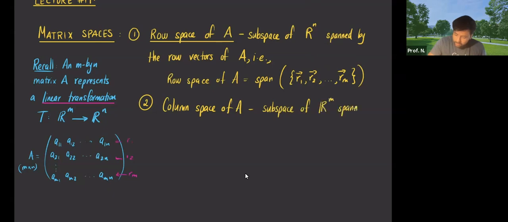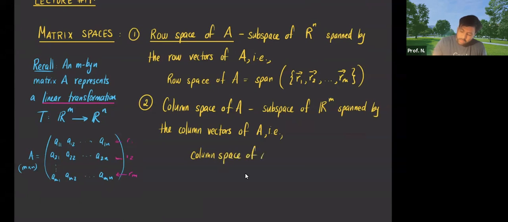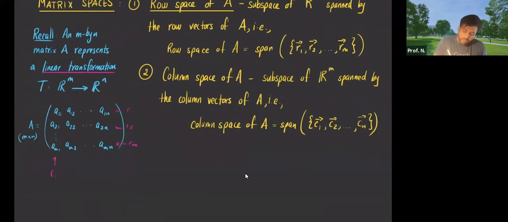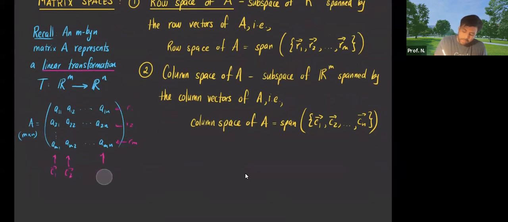This is spanned by the column vectors of A, meaning that the column space of A is equal to the span of C1, C2, all the way to Cn.